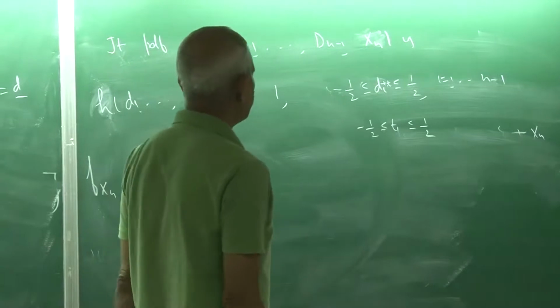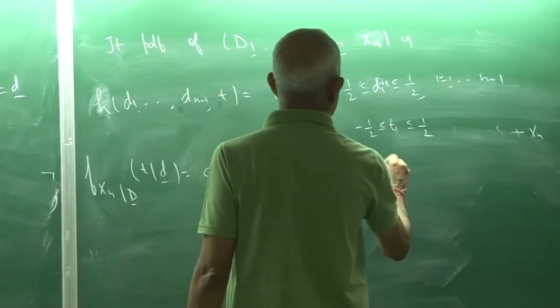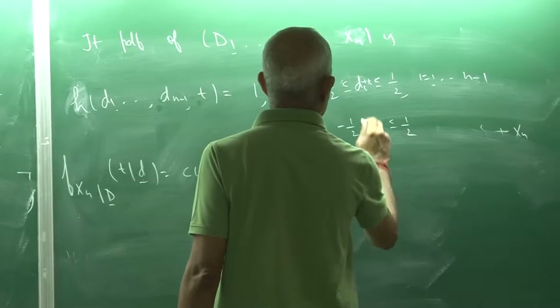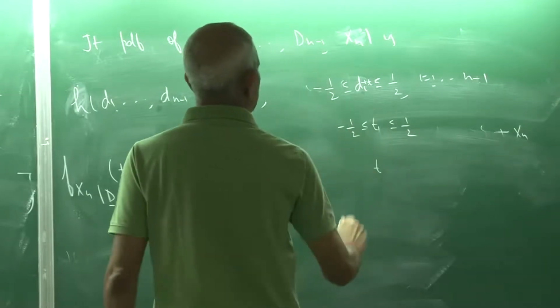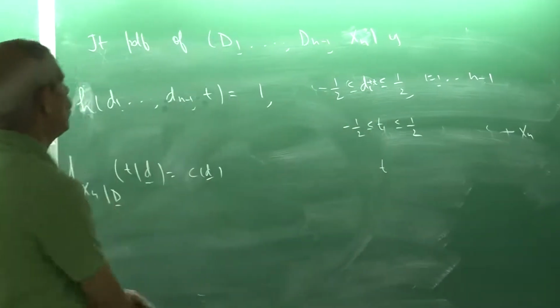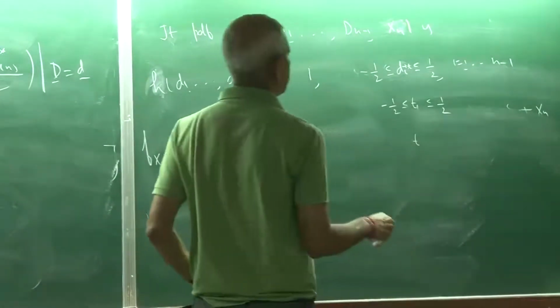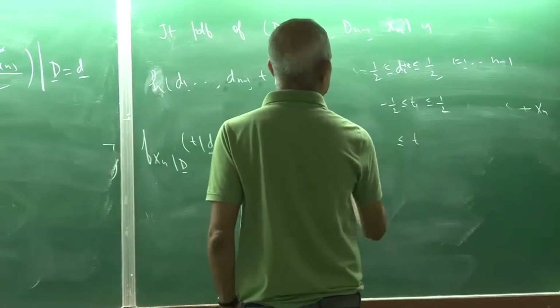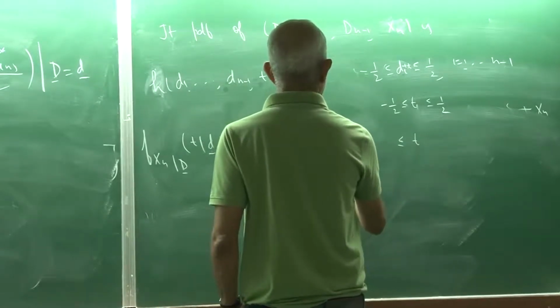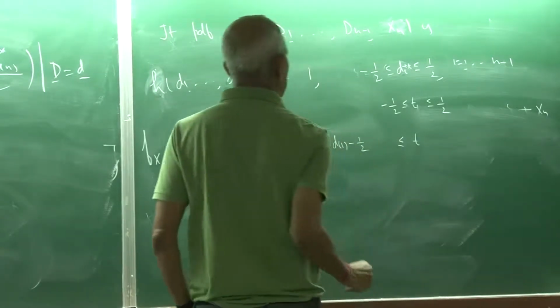And as a function of t, because d is fixed, this says that di plus t is greater than or equal to minus half. So the minimum of these is greater than or equal to minus half, that means t is greater than or equal to minus d1 minus half.